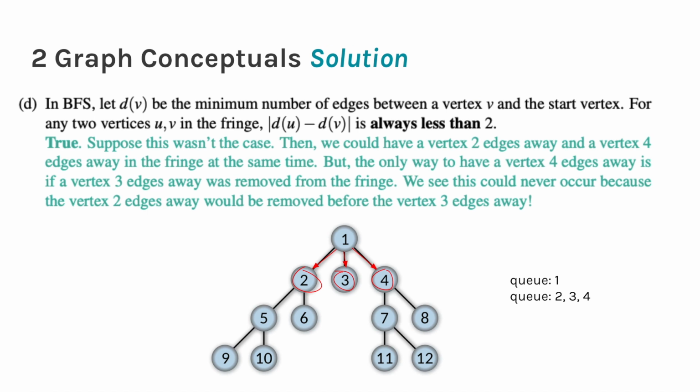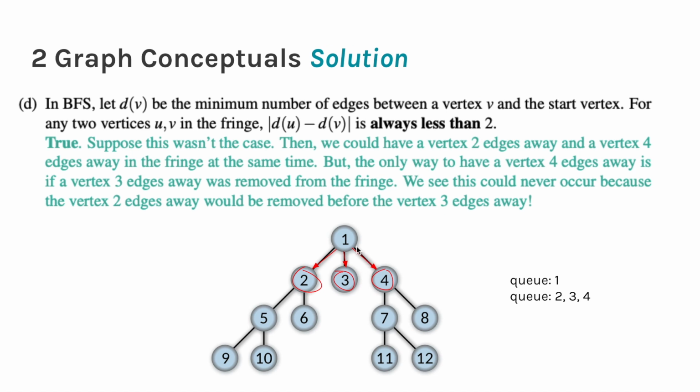So at that point, the difference between the distances of 2 vertices in the fringe would be less than 2. I realize that's a lot of talking without visuals, so I understand that didn't make complete sense. I've drawn out this little diagram, which hopefully makes more sense. This is a tree, which is a graph, and this generalizes to more complex graphs as well.